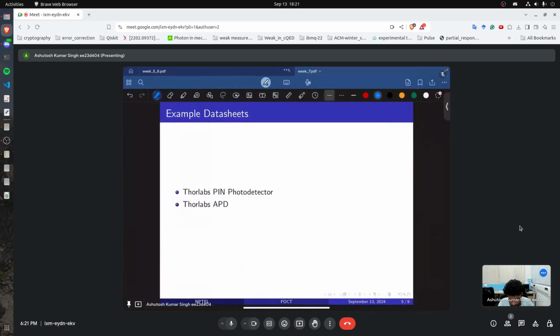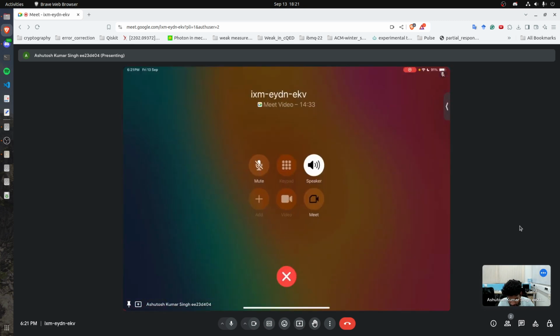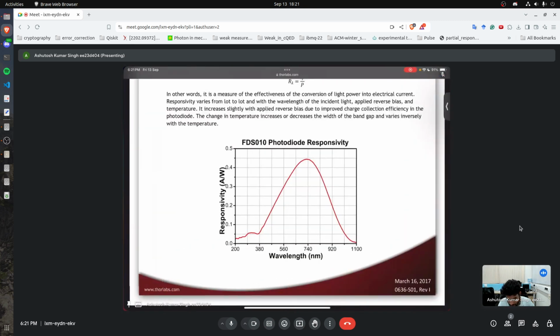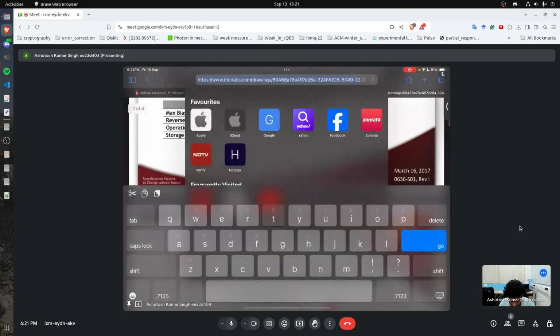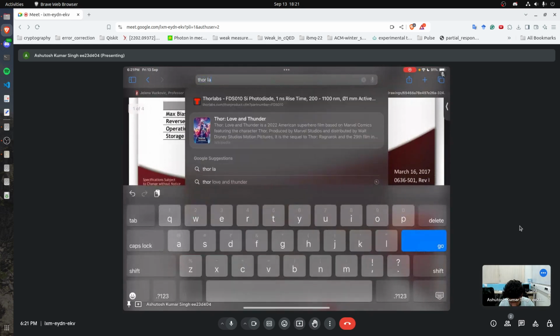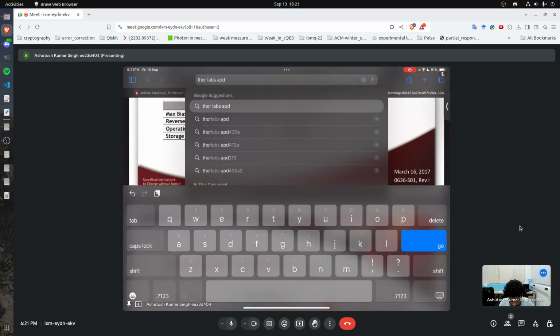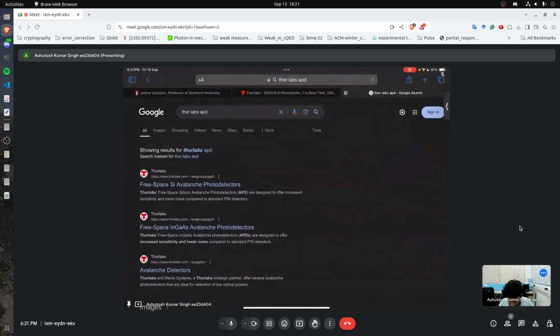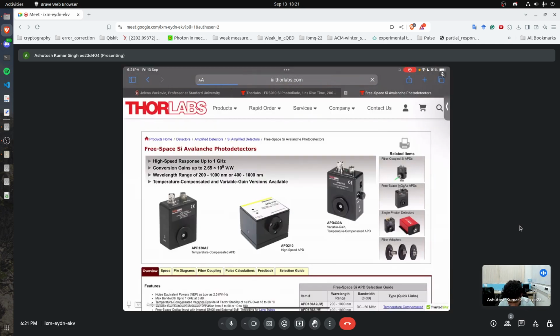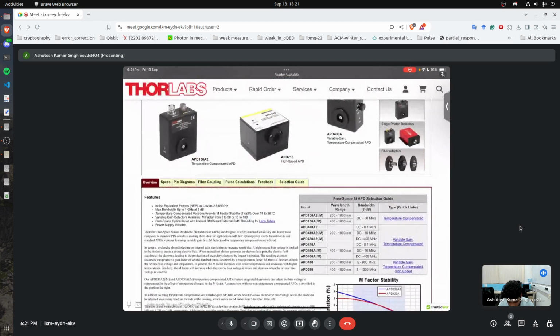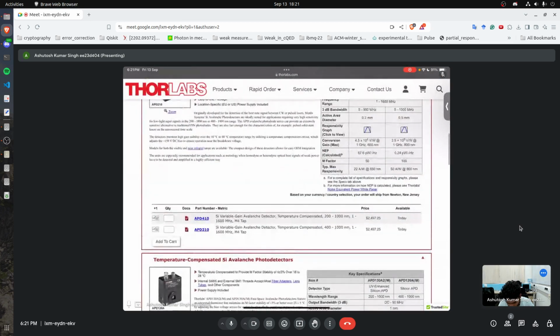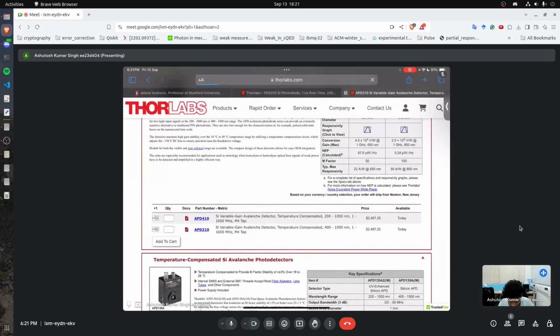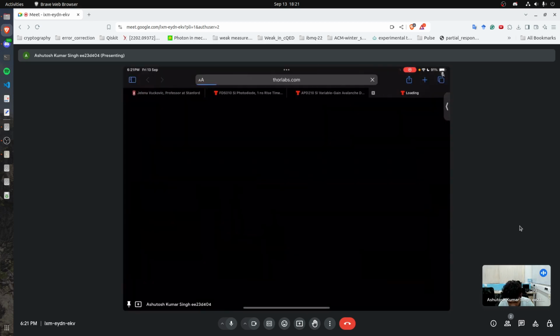Similarly, we have a Thorlabs APD data sheet, which can be seen. This is what an APD looks like, and we'll look at the APD210. This is also a silicon APD, but we can look at the spec sheet here.